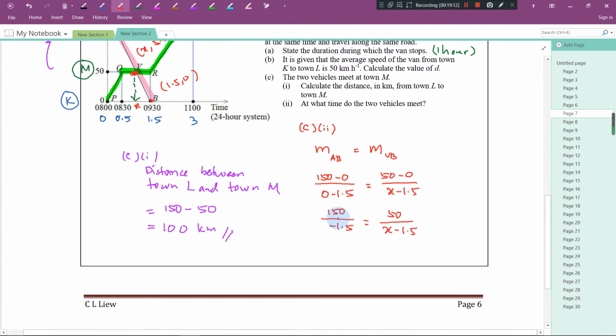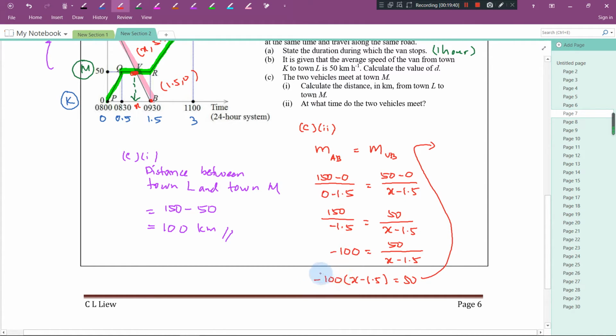We just calculate 150 divided by negative 1.5 first, which gives negative 100. And then this is 50 over x minus 1.5. So this whole thing, you bring it up here, equal to 50. You don't have to do the expansion here.